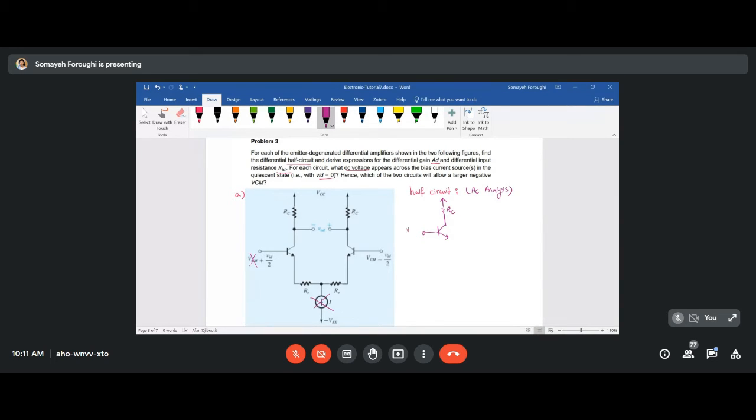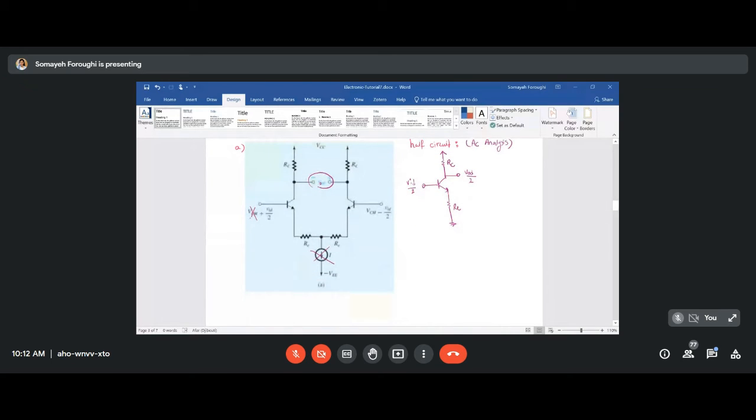Then you only have VID over 2. Then you will have RE, and here you will have 0, the ground. This is your half circuit. So we showed it all, and remember, if you're working on a half circuit, then your VOD will also be broken to half. So here you will have VOD over 2.